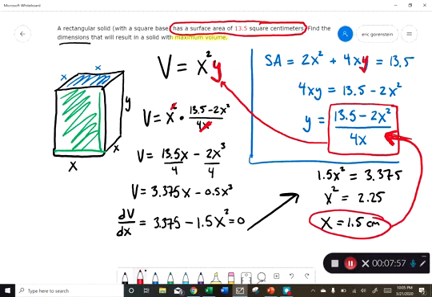So the dimensions of the rectangular solid that will maximize the volume are 1.5 by 1.5 by 1.5, or a perfect cube. Okay, that about does it for this one.